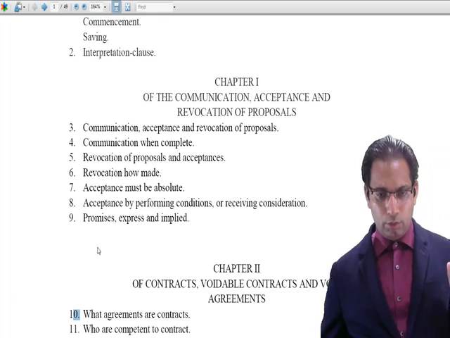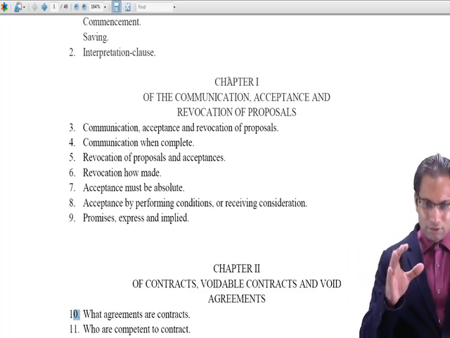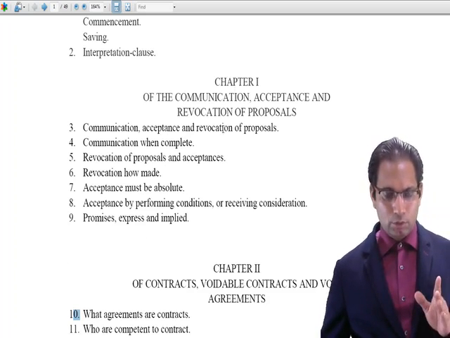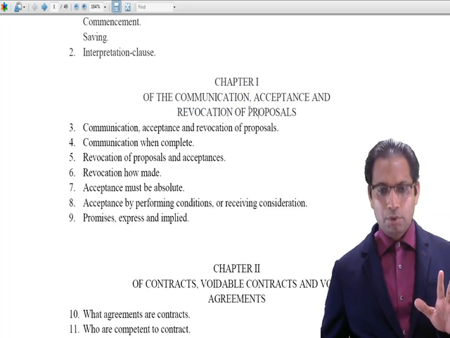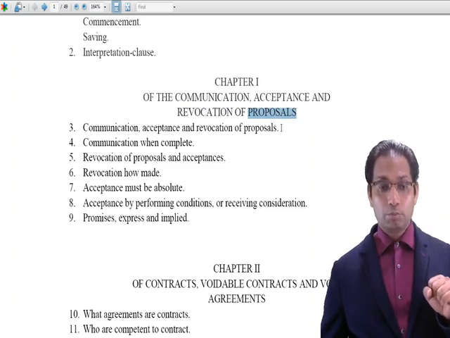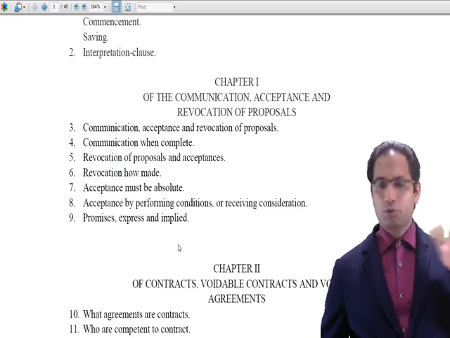Okay, so let's quickly look at chapter 1. I'm not going to look at all the chapters, but at least in the beginning we would just like to find out how it looks. So, of the communication, acceptance and revocation of proposals. So it is talking about proposals, and acceptances and revocation, and then again acceptance must be absolute, so on and so forth.